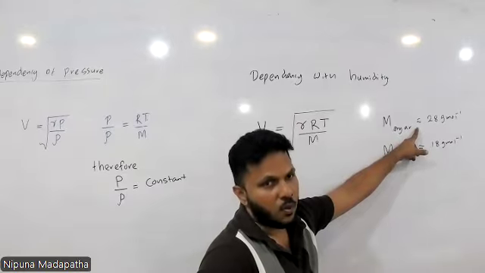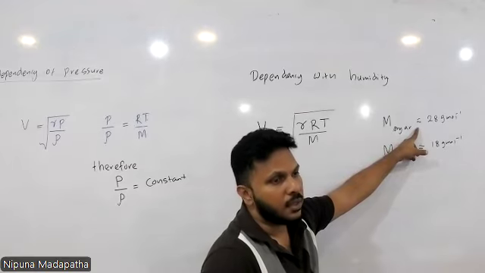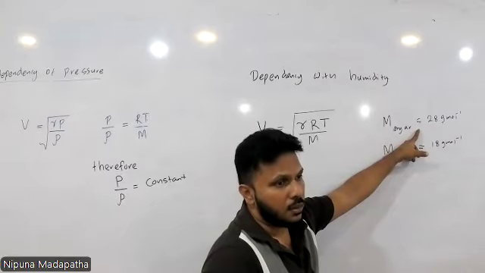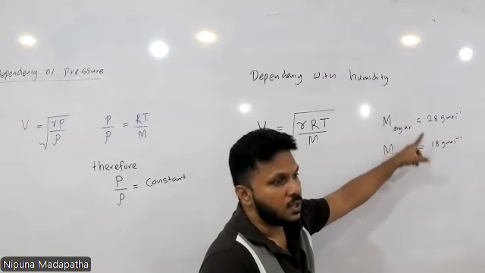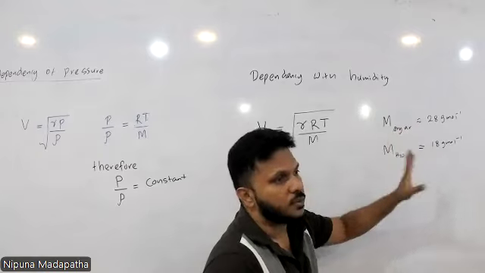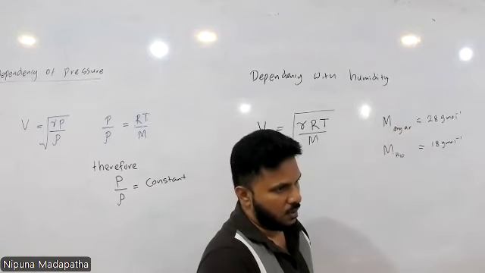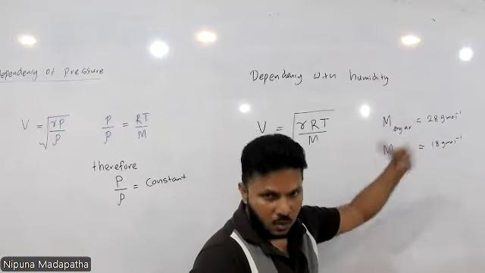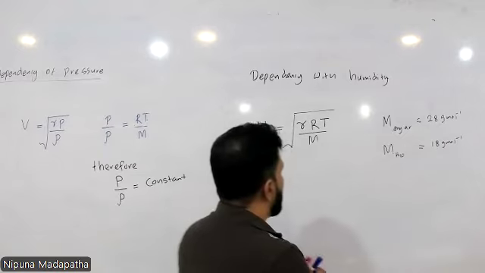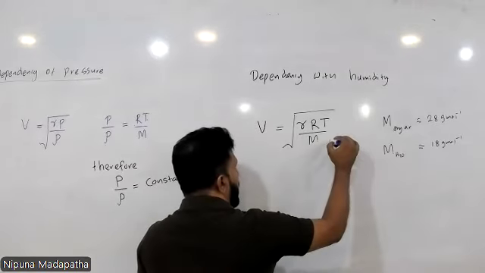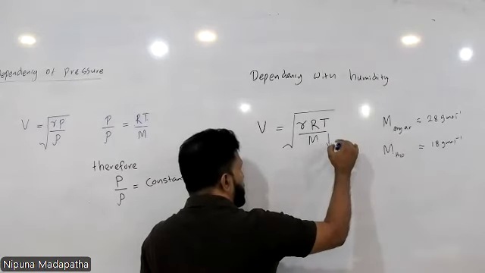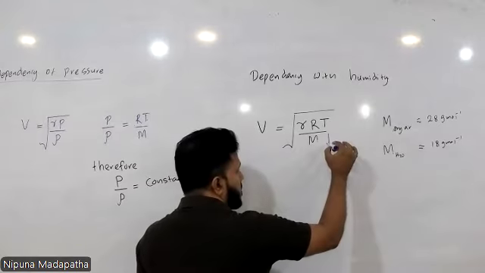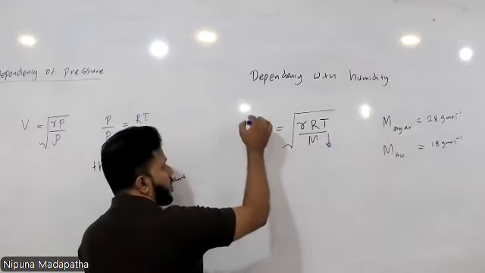So if the moisture content is high in the air, that will reduce the mean molar mass of the dry air. It is a value less than 28 now, if the humidity is high. So when the molar mass decreases, what happens to the speed of sound in air?